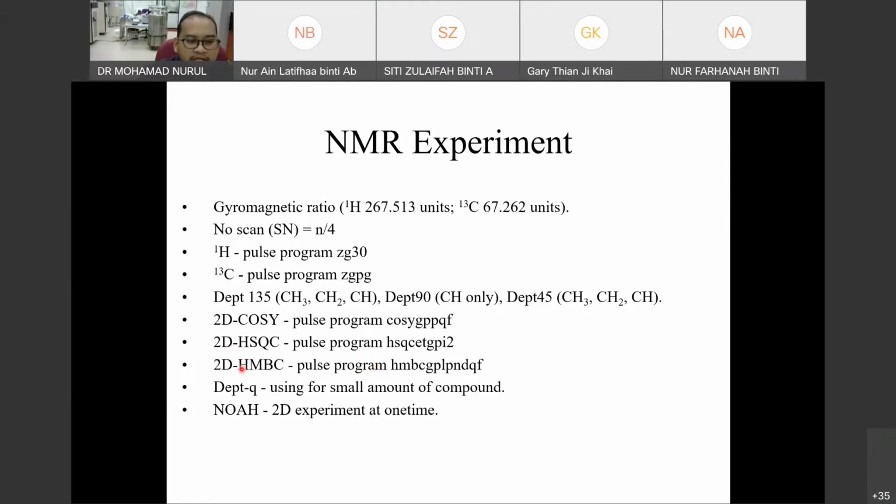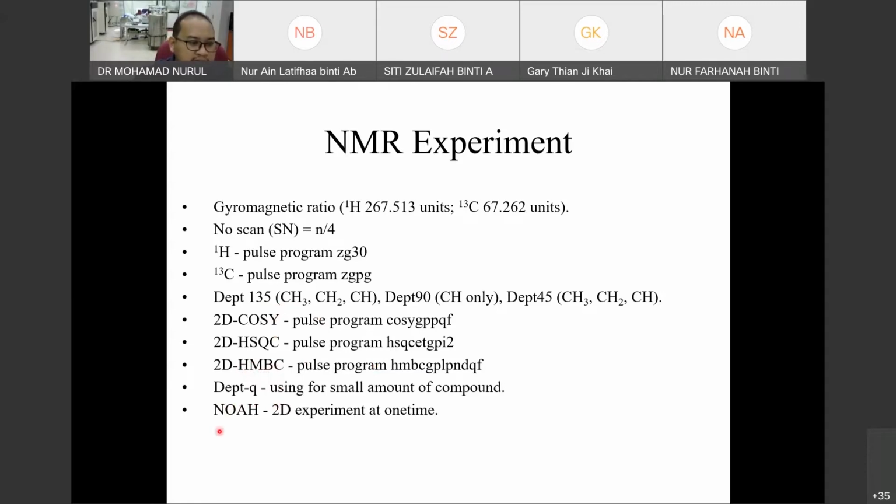Meanwhile for the HMBC, the correlations between proton and carbons are J2 and J3 correlations. In detail, you have to discuss with your supervisors.